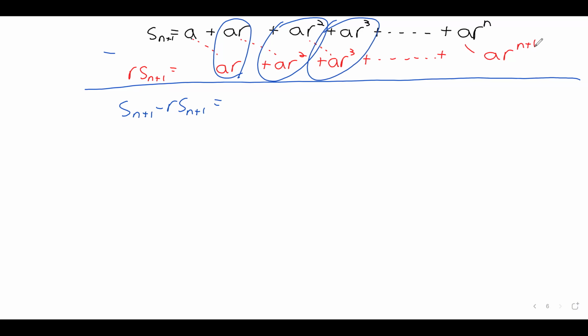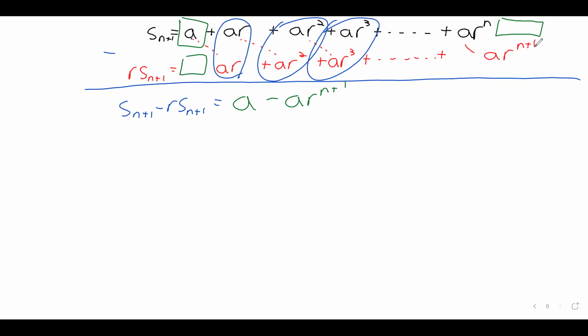The only thing that manages to remain, this A doesn't have anything under it, so it remains. And then this AR to the n plus 1 doesn't have anything above it. So it remains, but we're subtracting it. So it remains as a negative term.